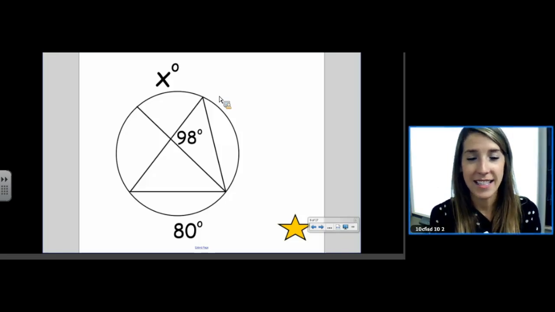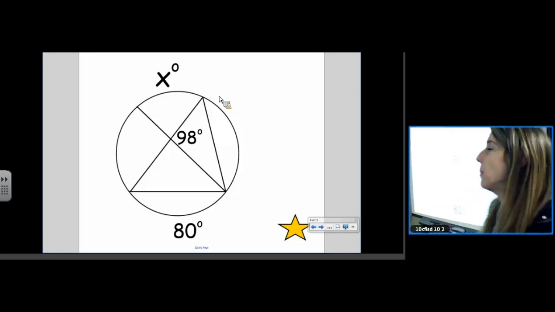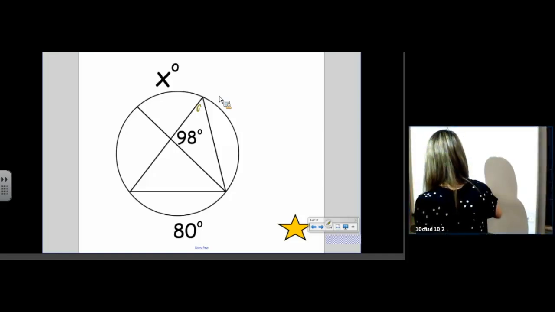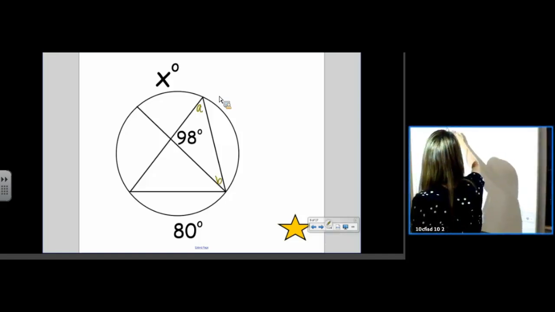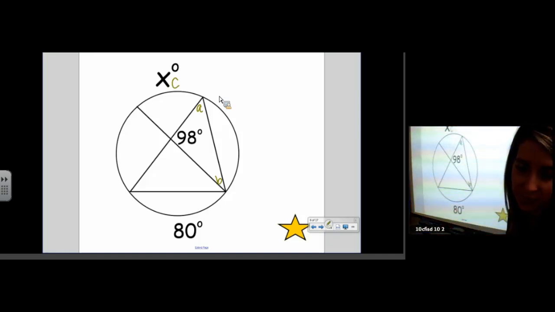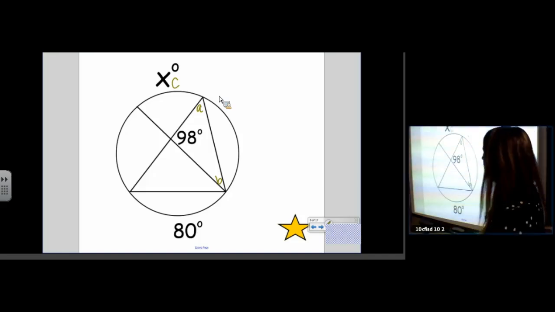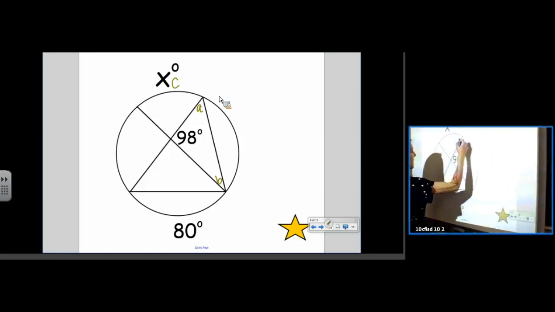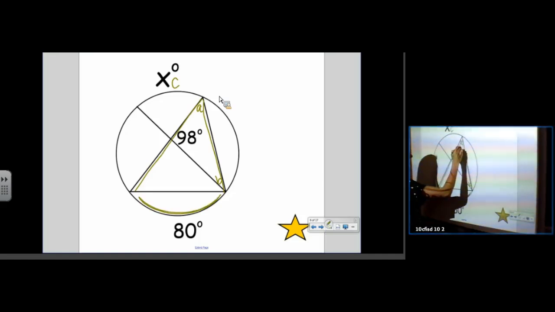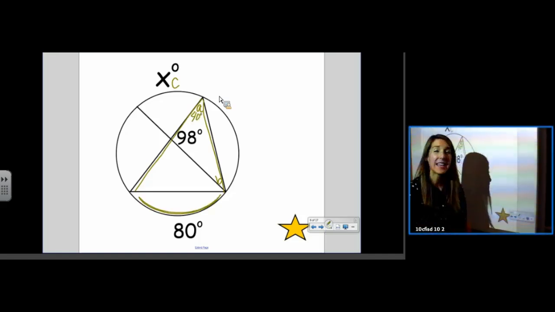So x is not a length this time. Find the degree measure of the arc. You do not have to solve it this way, but here's one way to look at it. I would find this angle, and then I would find this angle, and then I would find this arc. What's the measure of angle A? Good. You follow it. It's an inscribed angle. Inscribed angles are half their arc. So that angle is half of 80.